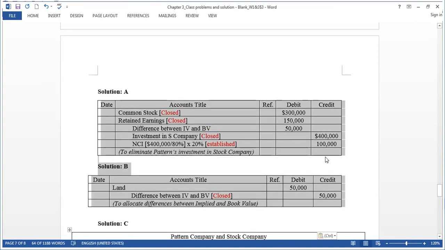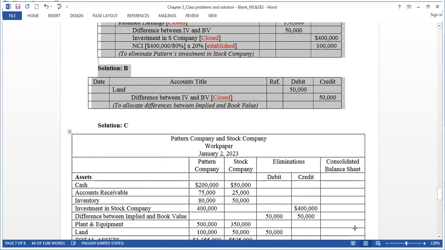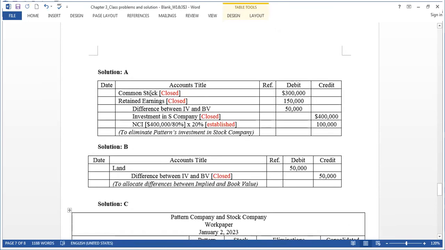If you have any mistake in the elimination entries, then you are going to make a mistake here also. So you should learn very well how to close the subsidiary company's book value, how to close the investment in the parent company, then how to establish NCI, and where we should put the difference, debit or credit. And after putting debit and credit properly, then we are going to allocate this difference to land or goodwill, something like this.